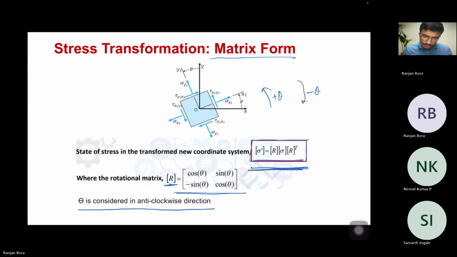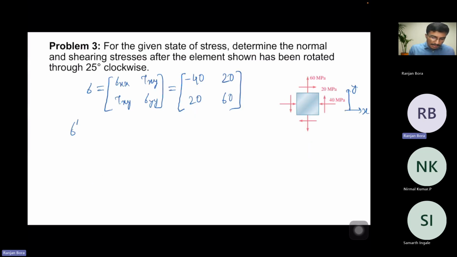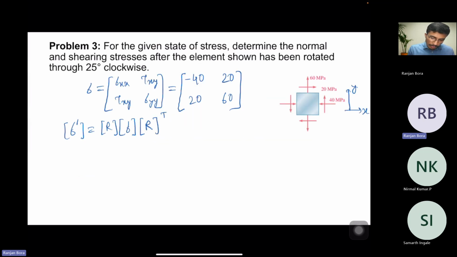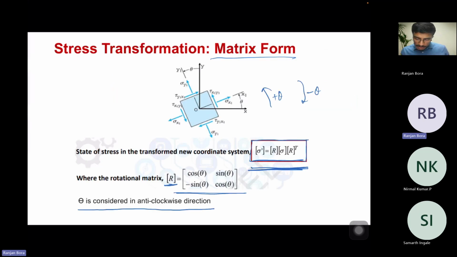So we need to find sigma dash, which is R sigma R transpose, and R is cos theta, sin theta, minus sin theta, cos theta.